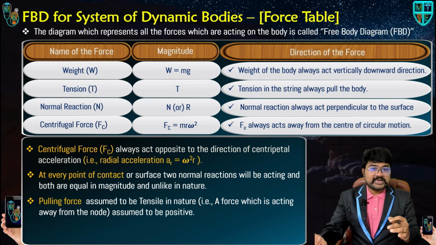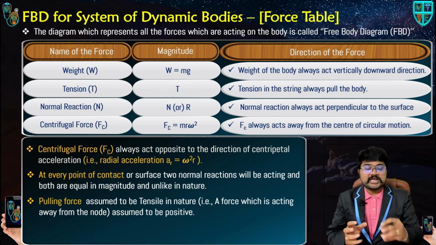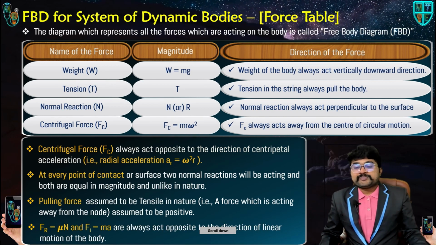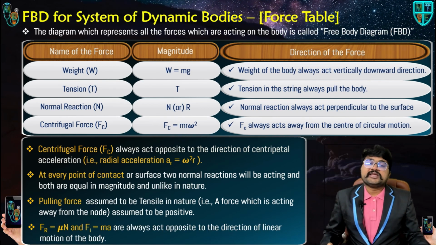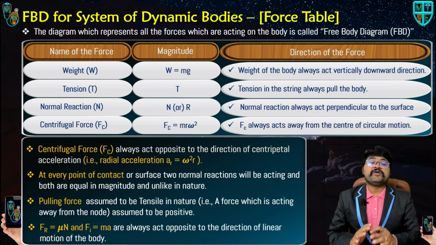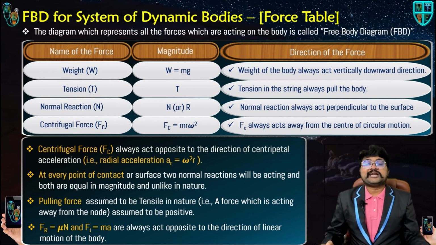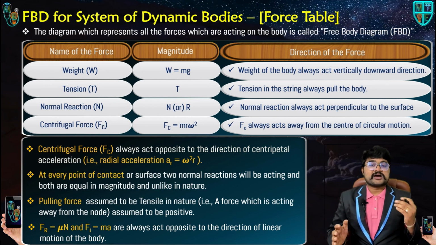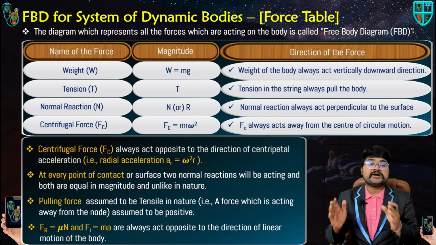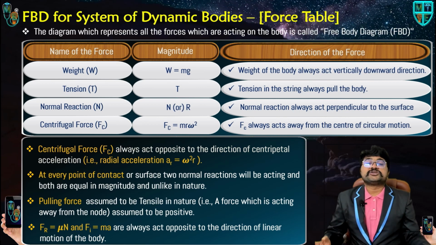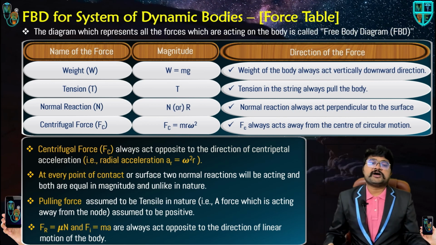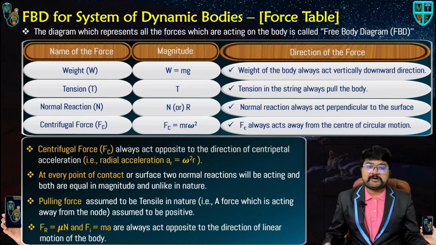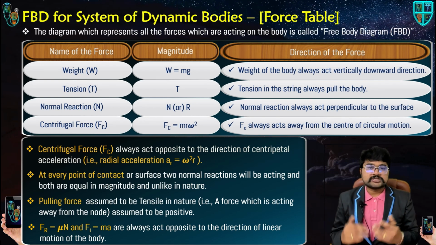Frictional resistance and inertia force always act opposite to the direction of motion of the body. These forces, with corresponding magnitudes and directions, are listed in the force table.